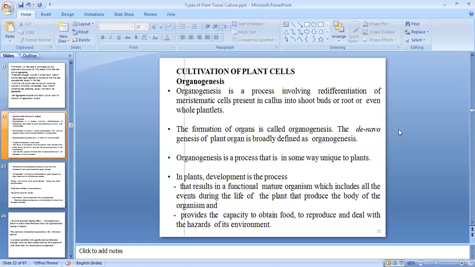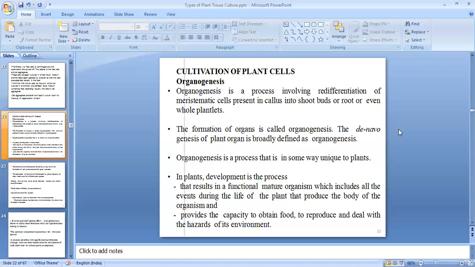In plants, development is the process which results in the functional maturity of the organ, which includes all the events in the life of the plant to produce the various organs of the plant.